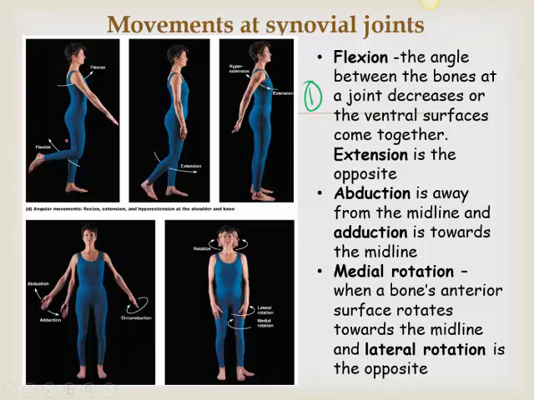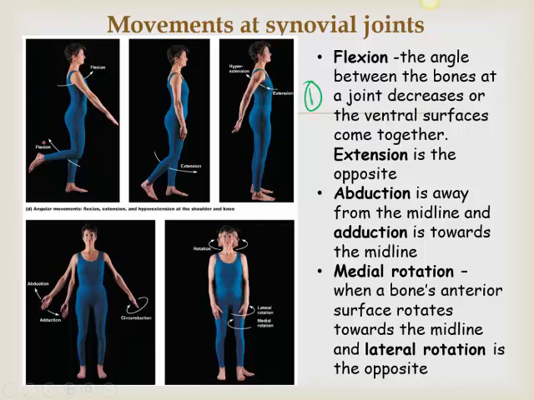One thing to remember is that the ventral surface in the case of the lower limb is the back of the calf area, and this is the dorsal surface. And the lower half of the back of the thigh is also called the ventral surface. So that's why when you do flexion of the elbow, the flexion occurs this way, but when you do flexion of the knee, it occurs in the posterior direction.